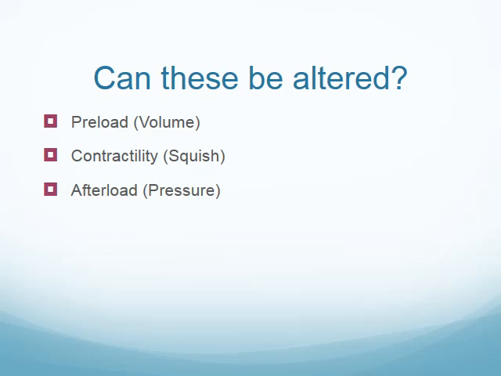Preload is going to be affected anytime there's a decrease in blood volume. Contractility, there's a lot of medications, not necessarily that we give, but medications that can affect contractility, such as digitalis is a big one. And then afterload is something that we do affect with a lot of meds that we give, which is the pressure that the ventricles are pumping against.